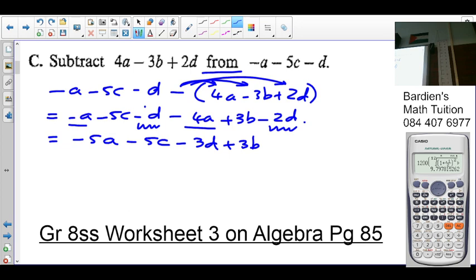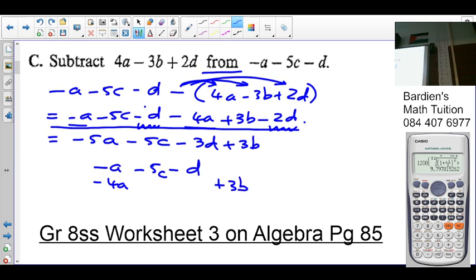Yes, Michael? Oh, you did vertical one below the other. That is 100% correct. So you got rid of the bracket and then you said minus a minus 5c minus d, and then you said minus 4a plus 3b minus 2d.